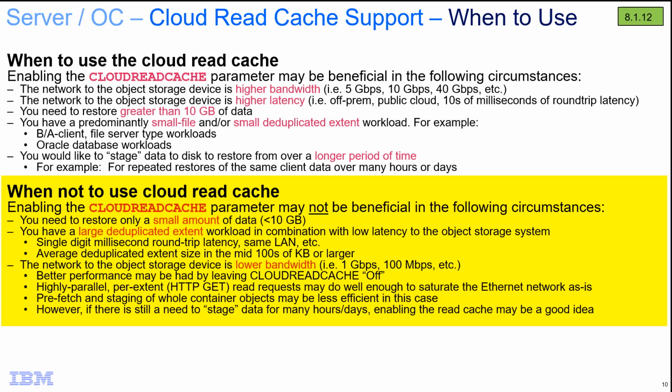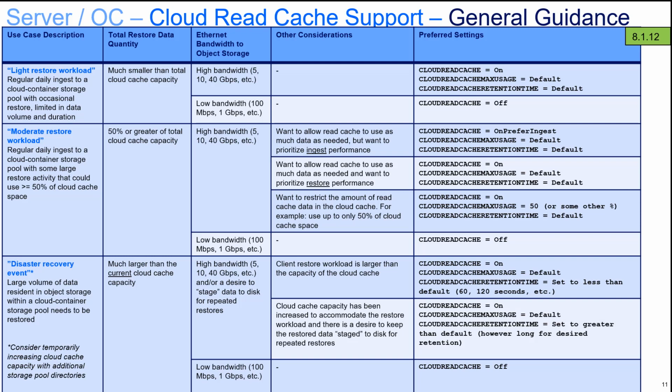Now, the network to the object storage device, if it has lower bandwidth, you might also not want to use the cloud read cache. On this page, slide 11, I did copy in from the documentation on different use cases and if you would or would not want to utilize the cloud read cache for those use cases.